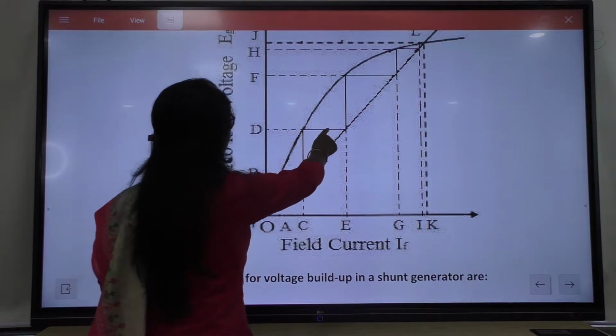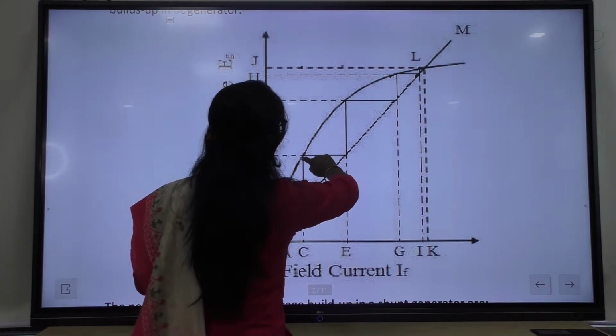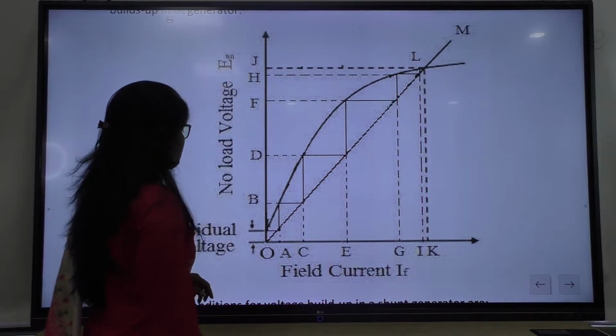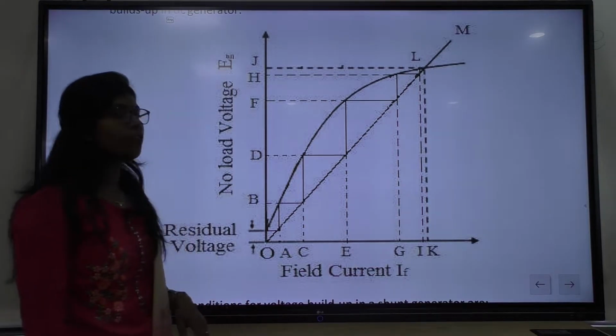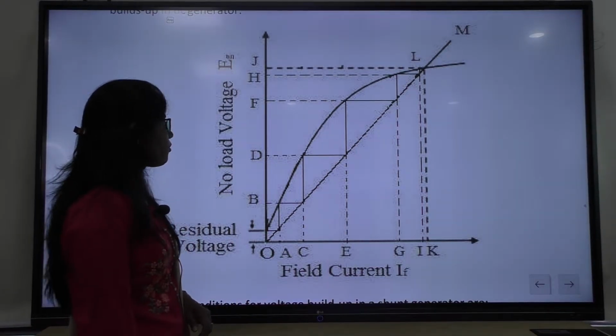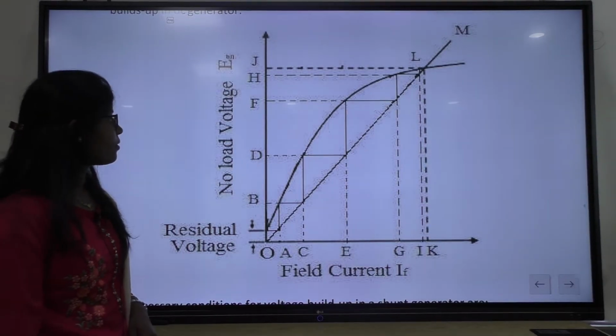So this is the voltage build up in a shunt generator, and this OM represents the shunt field resistance. We know shunt field resistance RF equals terminal voltage by IF.